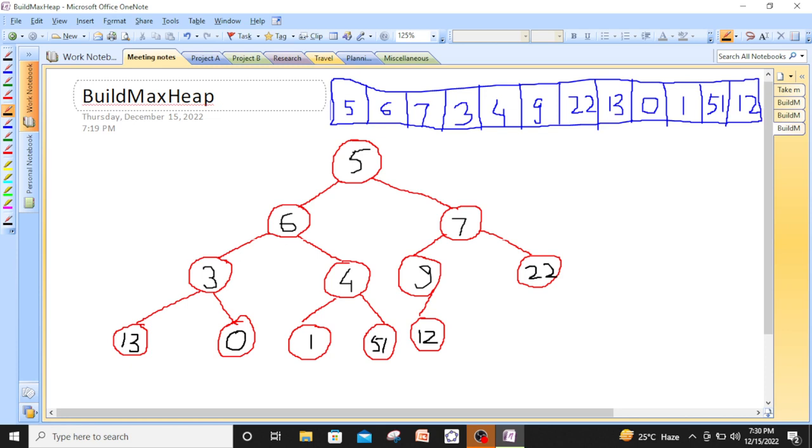Now we have to understand this build max heap function.